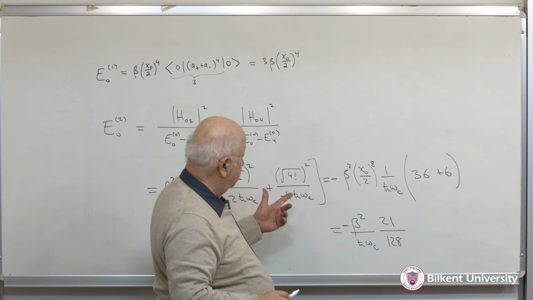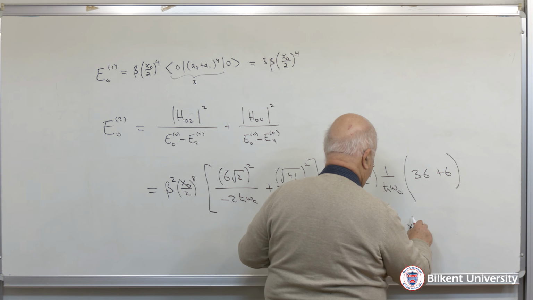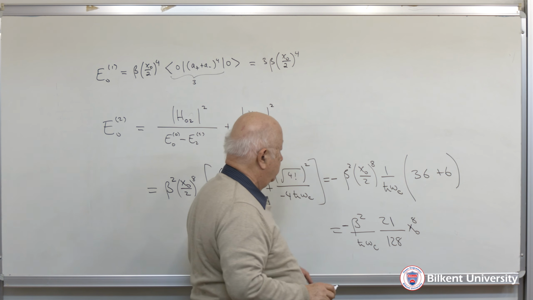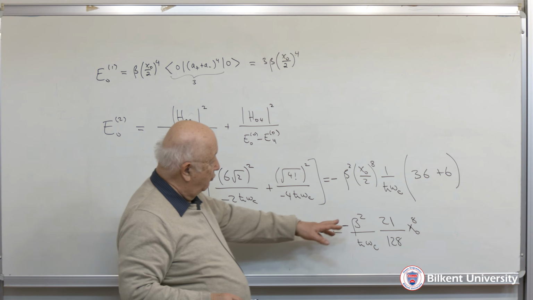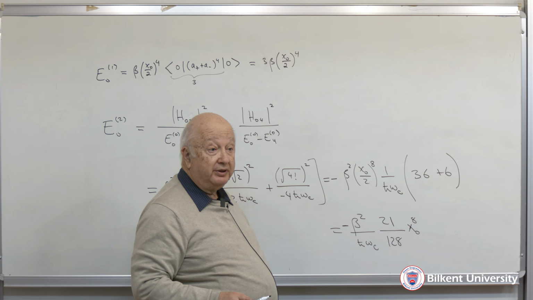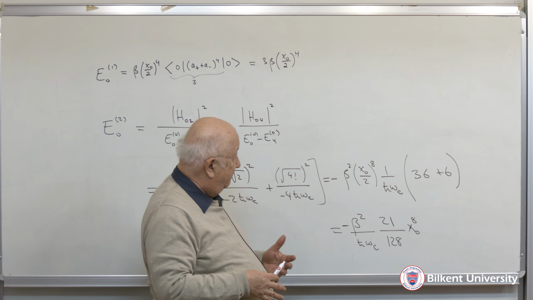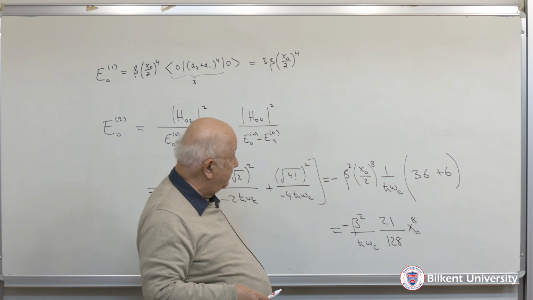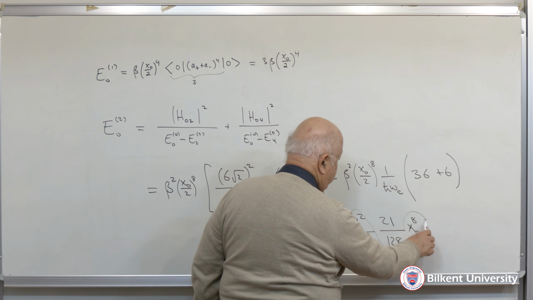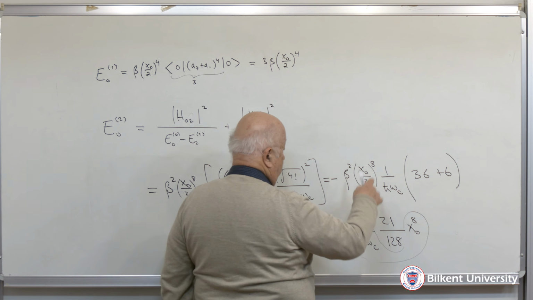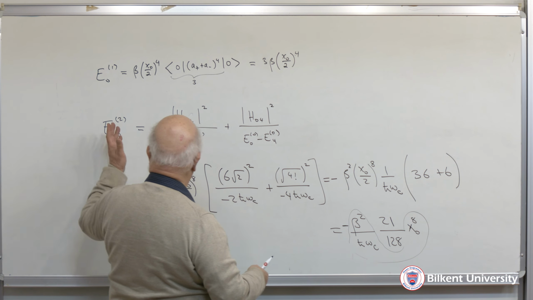And what happened to the x zeros? X0 to the 8. Okay, so we get this number. You see, you have growing powers of x zeros and things like that. What we are assuming when we are doing this perturbation theory is that these physical factors are less than the energy scale.